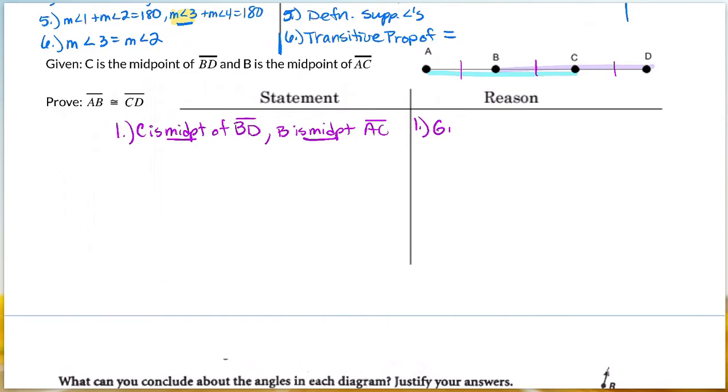The reason for your given is always given. We saw in the image, we looked at it, and we decided if C was the midpoint of BD, that told us that BC is congruent to CD. We also know if B is the midpoint of AC, then AB is congruent to BC. And these were from the definition of the word midpoint.